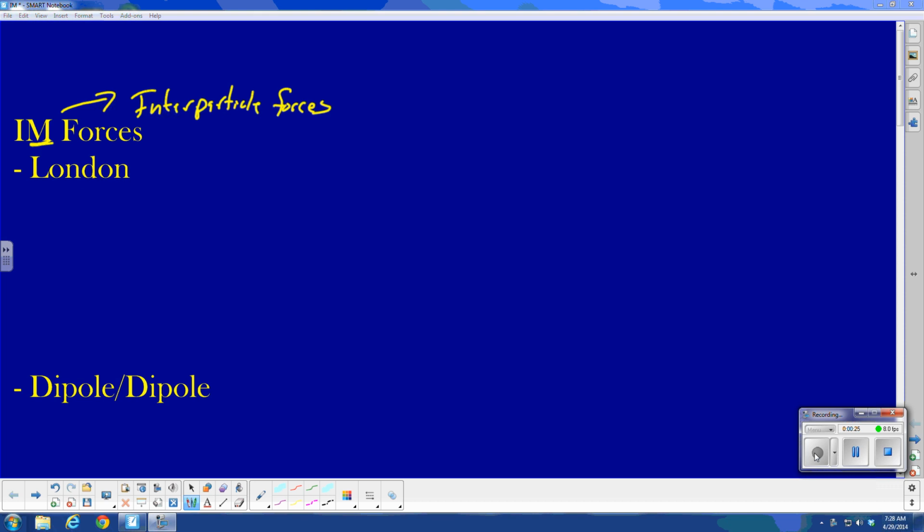What are London forces? London forces are induced dipole forces caused by the random motion of electrons. And this random motion of electrons causes temporary dipoles. What I mean by that, let's say we have something that has 3 protons and 3 electrons, right?